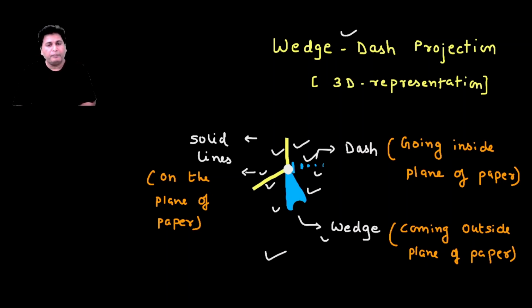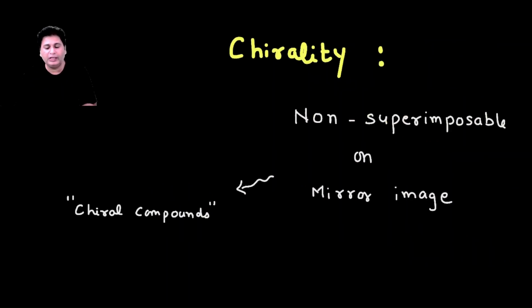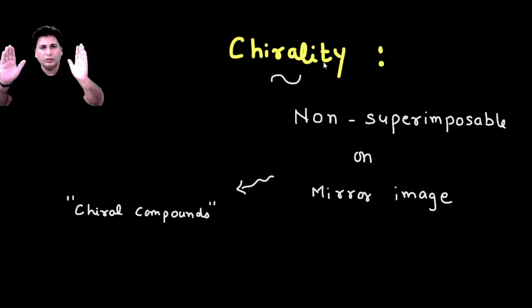Now, based on this formula and its meaning, let us see the meaning of chirality. Students, you should understand, if I say a compound is chiral in nature, then I specifically mean that if you make a mirror image of the 3-dimensional figure of that compound, the compound itself and its mirror image will be non-superimposable on each other.